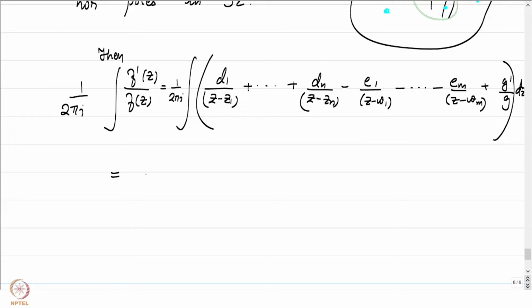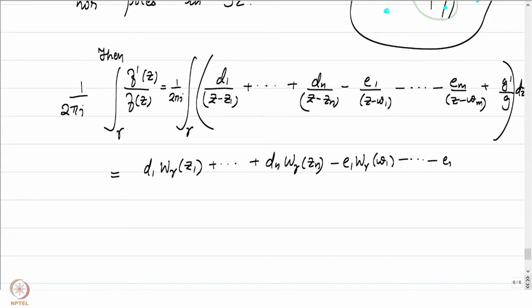The right hand side is going to be equal to 1 by 2 pi i times the integral of d1 by z minus z1 dz, which is basically d1 times the winding number of the curve gamma around z1, up to dn times the winding number of the curve gamma around zn, minus e1 times the winding number of the curve around w1, up to em times the winding number of the curve around wm, plus the integral of g prime by g over gamma, which by Cauchy's theorem is equal to 0.